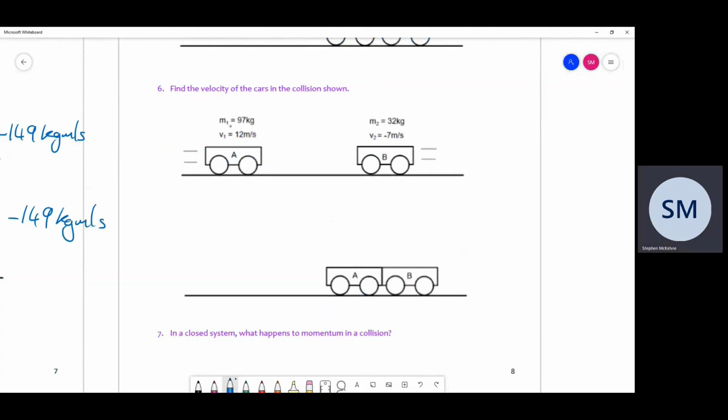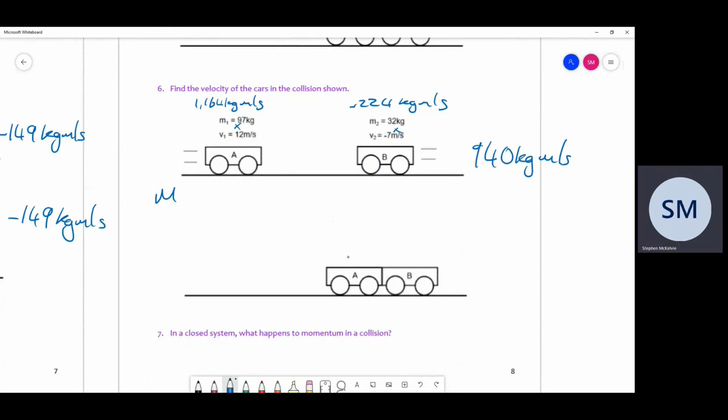To find the momentum, we multiply the mass by the velocity. 97 times 12 gives me a momentum of 1164 kilogram meters per second. 32 times 7, negative 7, because it's negative velocity, will give me a momentum of minus 224 kilogram meters per second, giving me a total momentum of 940 kilogram meters per second.